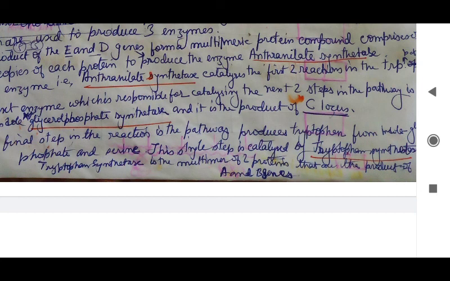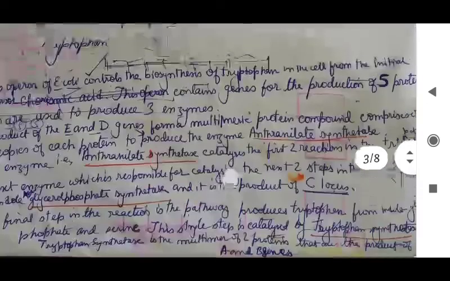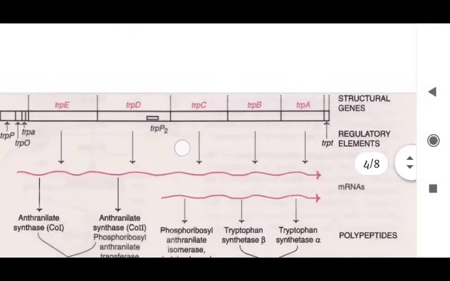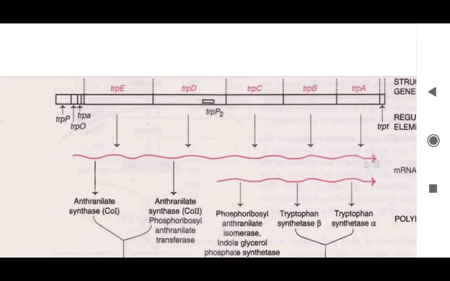Tryptophan synthetase is made up of two proteins, from the TRPA and TRPB genes. So this is the overall picture of the genes related to the tryptophan operon.